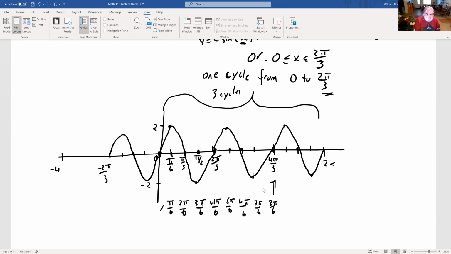It just repeats to the left and the right. Cut in half, cut in half, cut in half, up, down, up. Oh, those are supposed to come together. Up, down, up. Halfway, halfway, halfway, etc. And so there's the graph of that.